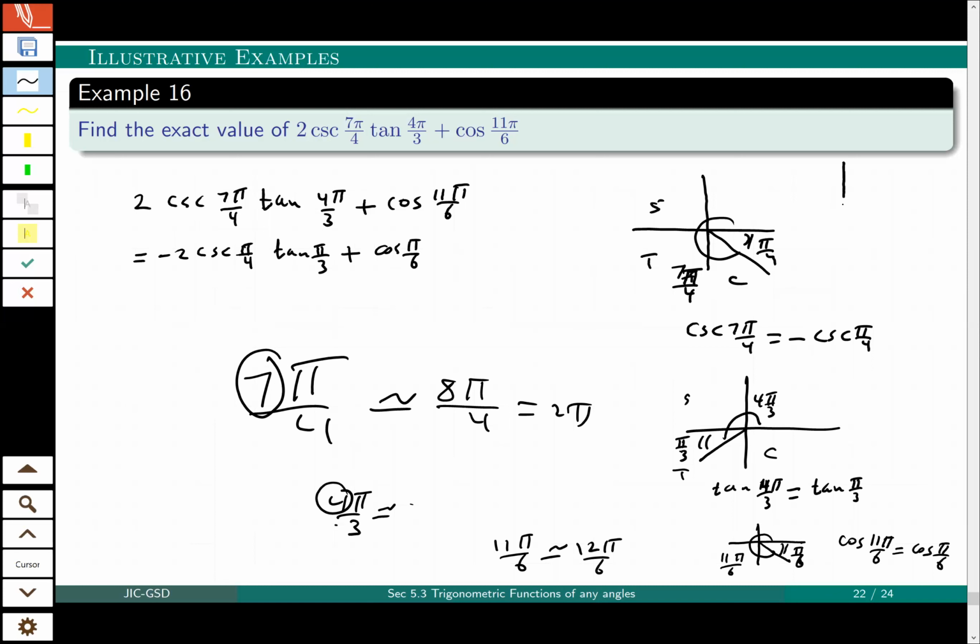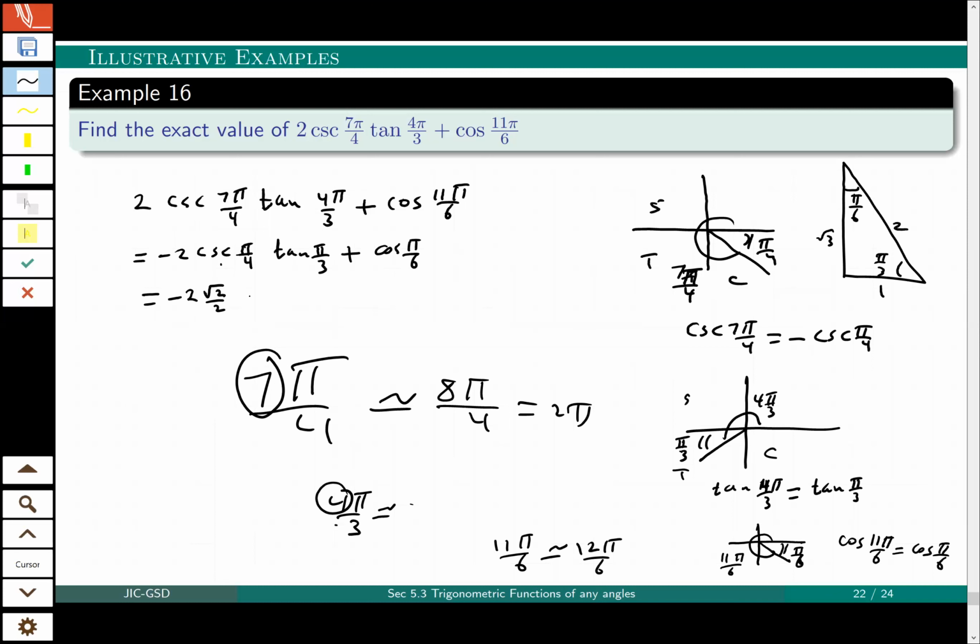The famous triangles. This is pi over 6, that's pi over 3, 2, 1, square root of 3. So we said cosecant pi over 4 is root 2.